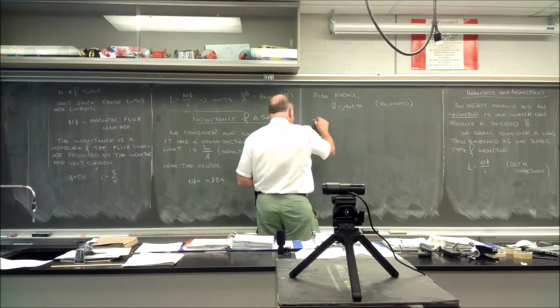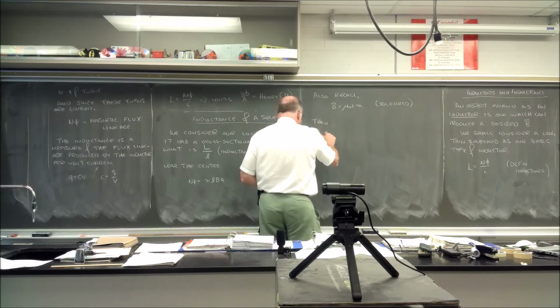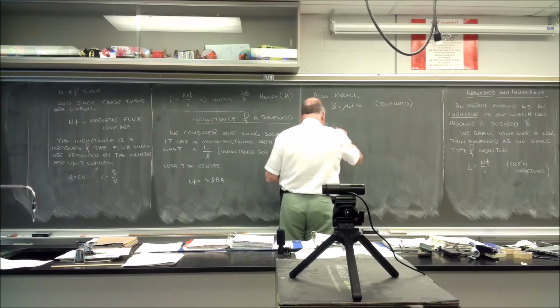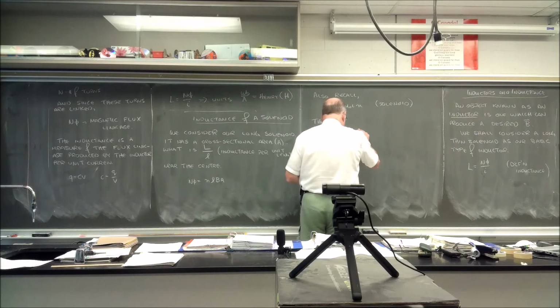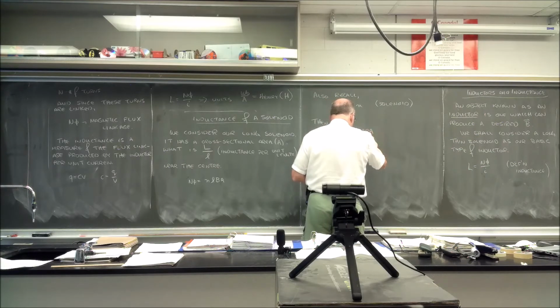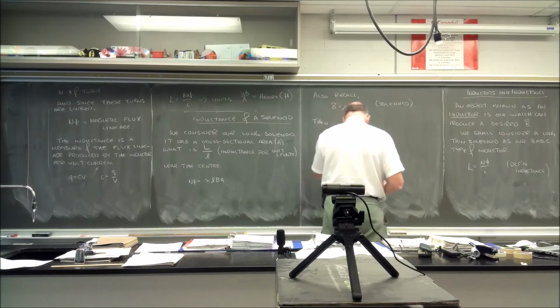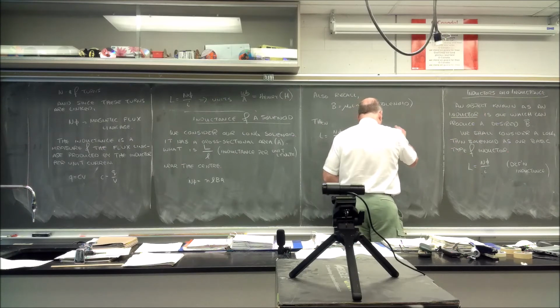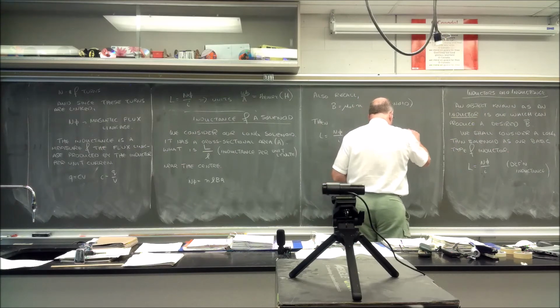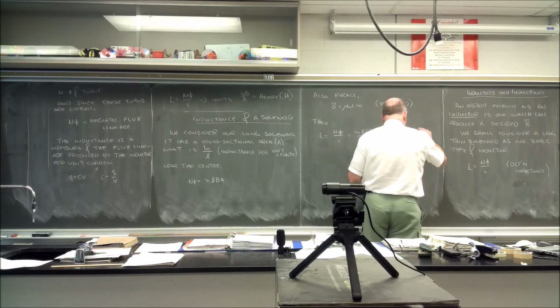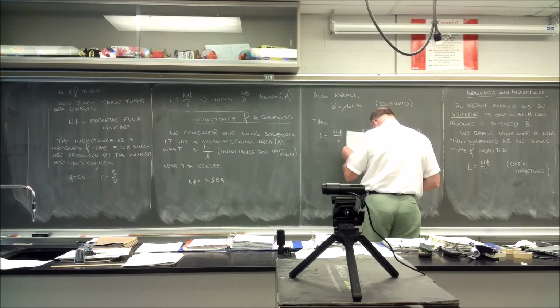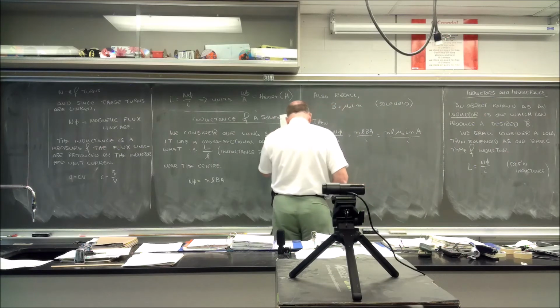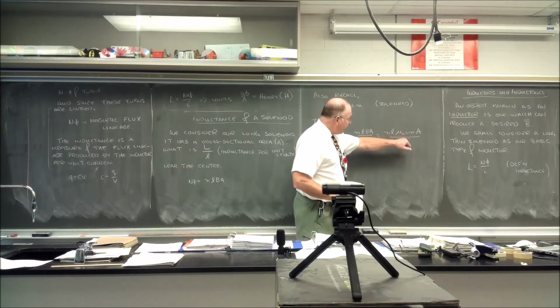So then, L over L, sorry, that's my misspeak, L first. L is equal to N phi over I, which is equal to N L B A over I, which is equal further to N L mu naught I n times the area divided by I. And notice here we have an I on the top and the bottom.